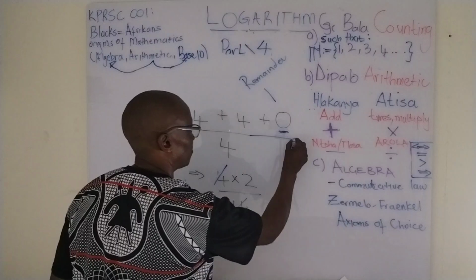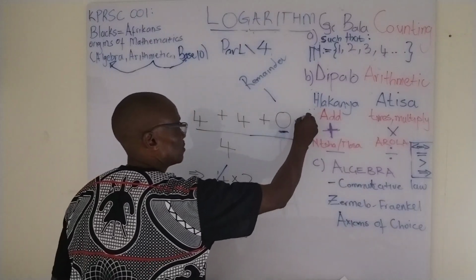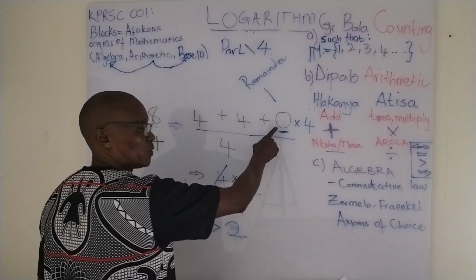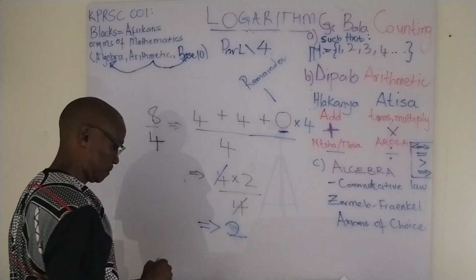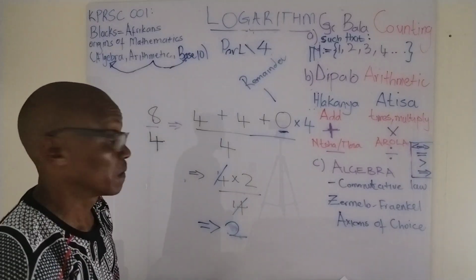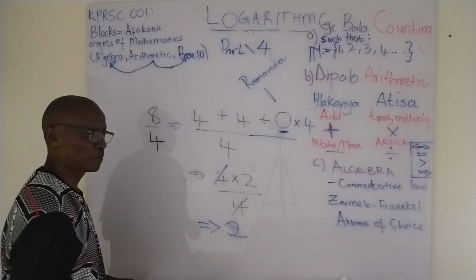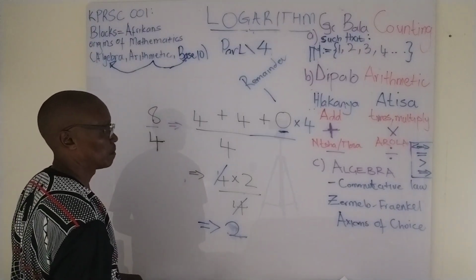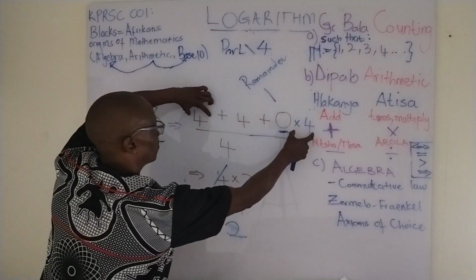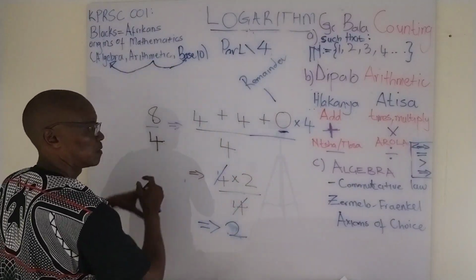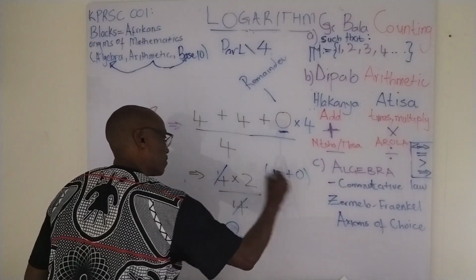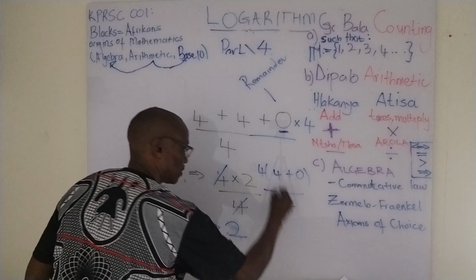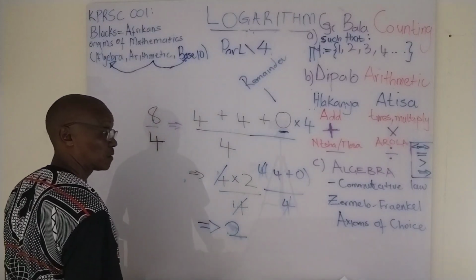Okay, maybe you think I'm joking. Times 4. Do you know why I'm doing this? Now that's my common factor. I'm taking it out. So what remains is 4 plus 0 times 4. Divide by 4. That's what I mean taking common factor out.